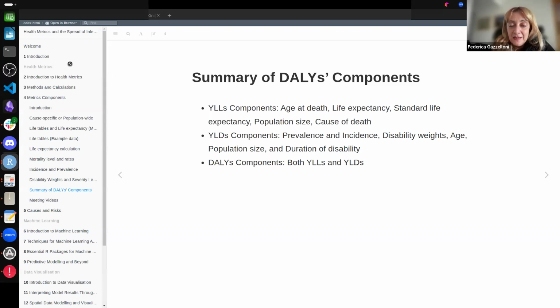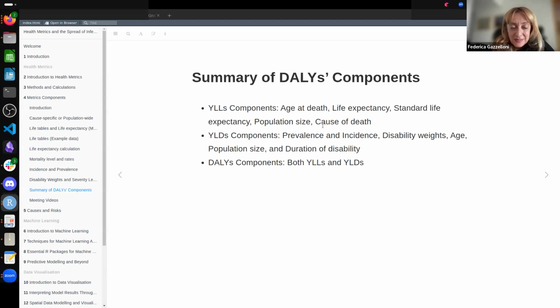So a closer look at the components influences the final number that you calculate.